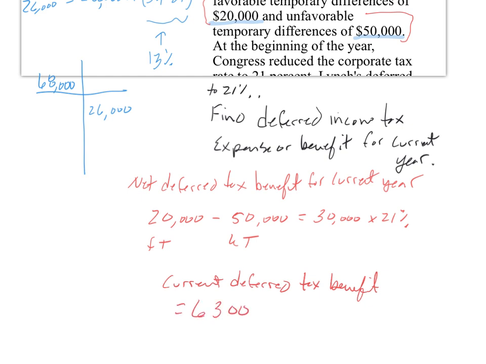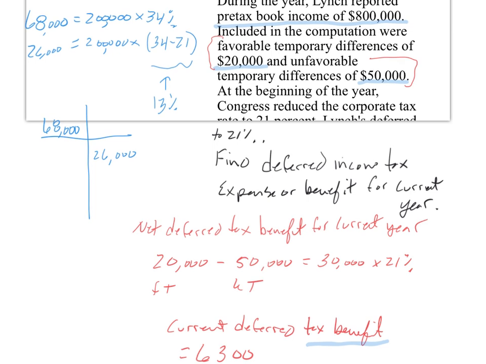Now, you may be asking yourself, why was this a current year deferred tax benefit and not a current year expense? The reason is that our unfavorable temporary differences outweighed our favorable temporary differences. So what does that tell us?